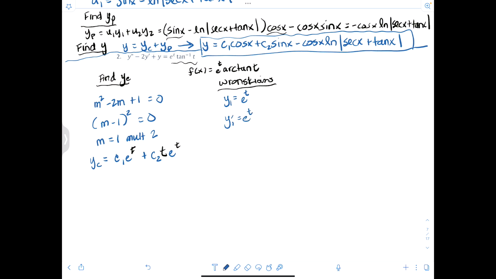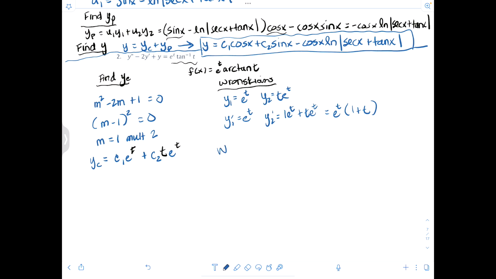That's nice and easy. y2 is te to the t. And y2 prime will be 1e to the t plus te to the t, which is e to the t times 1 plus t.